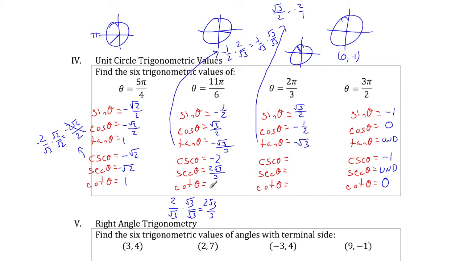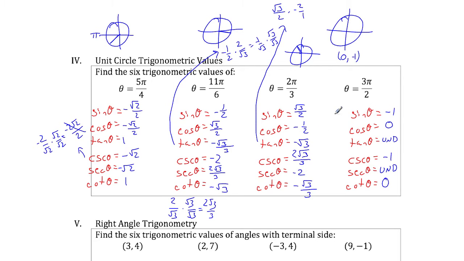And the reciprocal of that would be negative square root of 3, which is the cotangent. Back here, tangent is negative square root of 3 and the cotangent would be negative root 3 over 3. Cosecant would be the reciprocal of root 3 over 2, which would be 2 root 3 over 3. And the secant would be the reciprocal of negative 1/2, which would be negative 2.